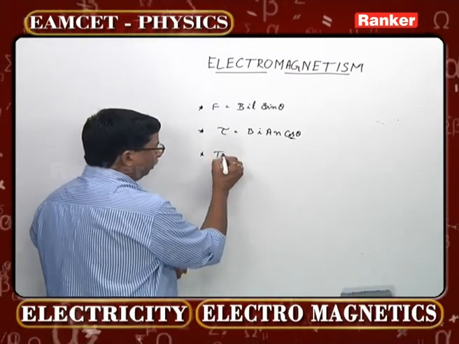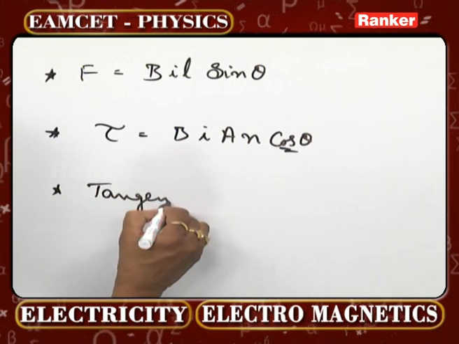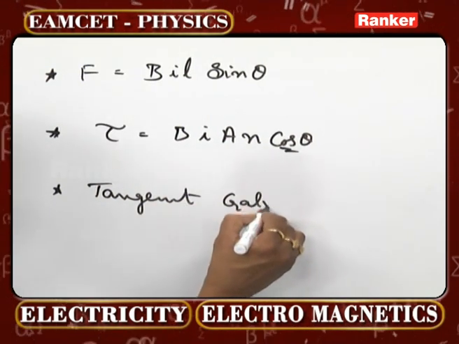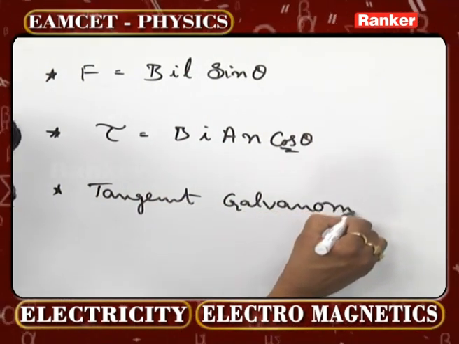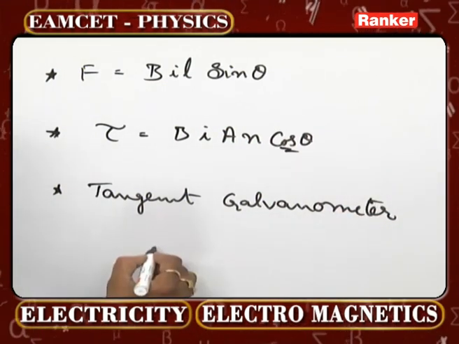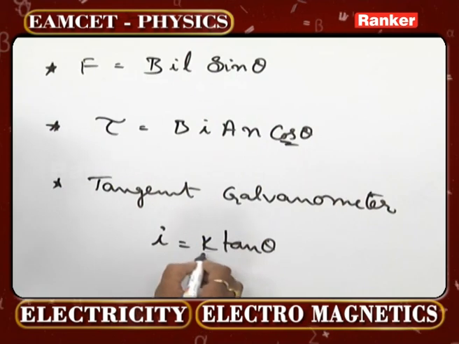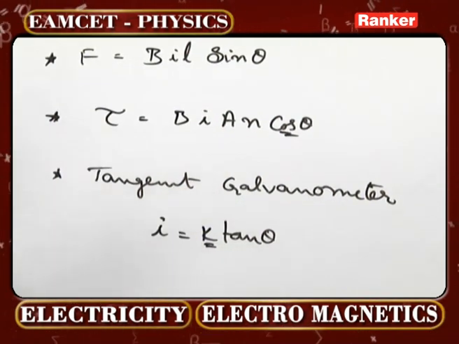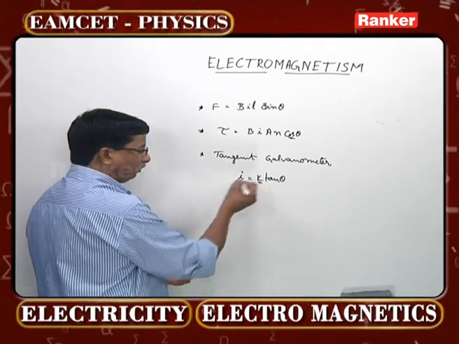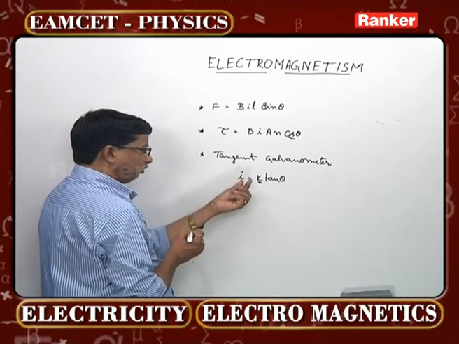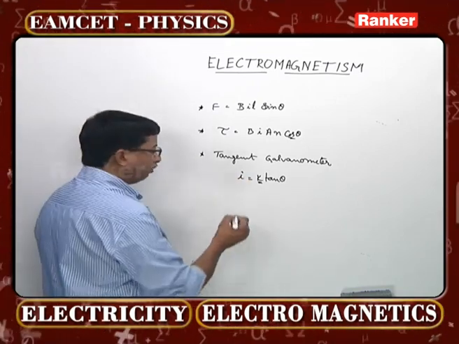One is of course a tangent galvanometer, we know. This tangent galvanometer is based on the tangent law. And what is the formula? I is equal to k tan theta. What is this k called? Either TG constant you can call that, or else you can call the same thing the reduction factor of tangent galvanometer.